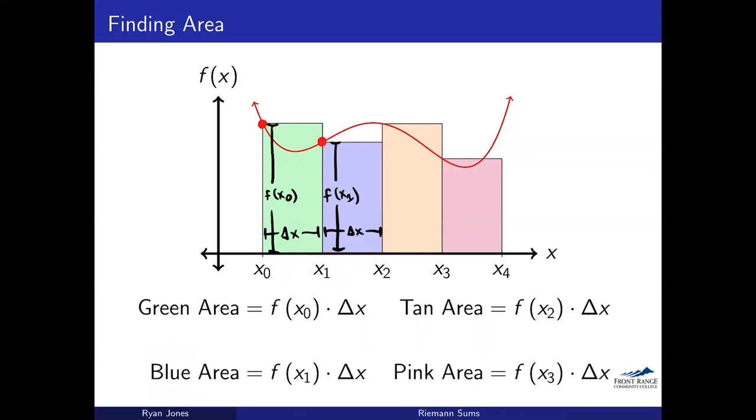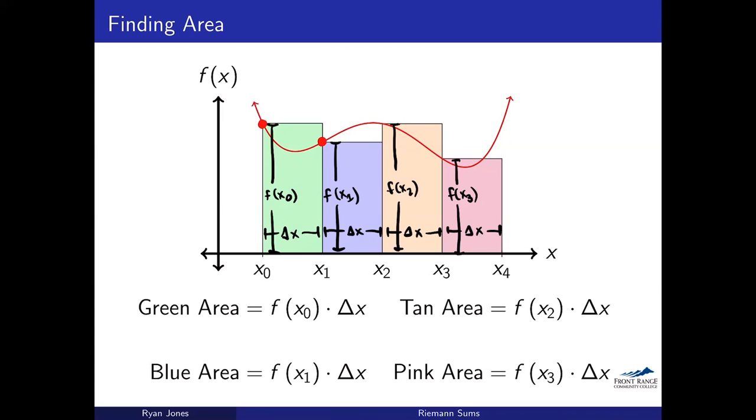And then we just keep going on, right? We have a delta x. We have another delta x. And then, as you could probably surmise, we have an f of x2, and we have an f of x3. So we finish that out right there. And so each of those rectangles has a width and a height, however you want to call it.